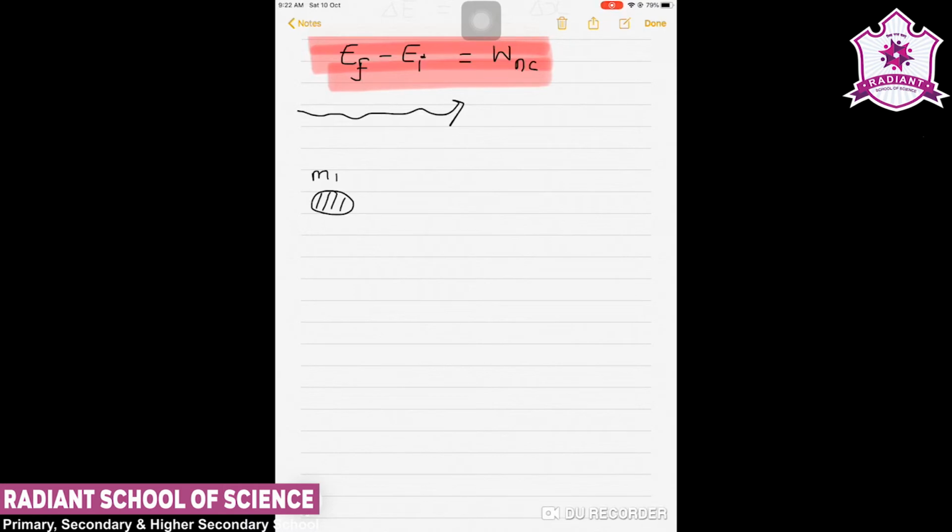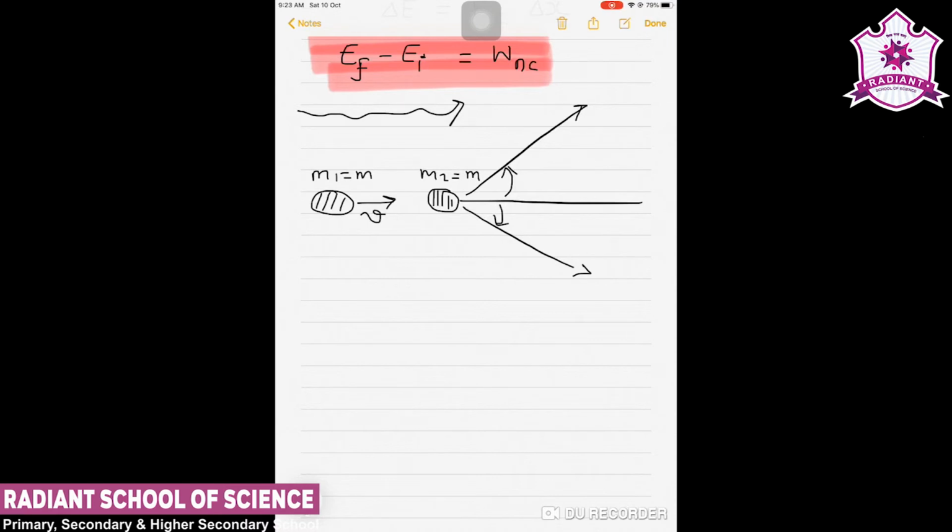Here we consider M1 to be mass M moving with speed V. It collides with a stationary ball, M2, which also has mass M. When they collide, one ball moves upward toward the pocket and the other ball goes in this direction, keeping the condition as in the figure.